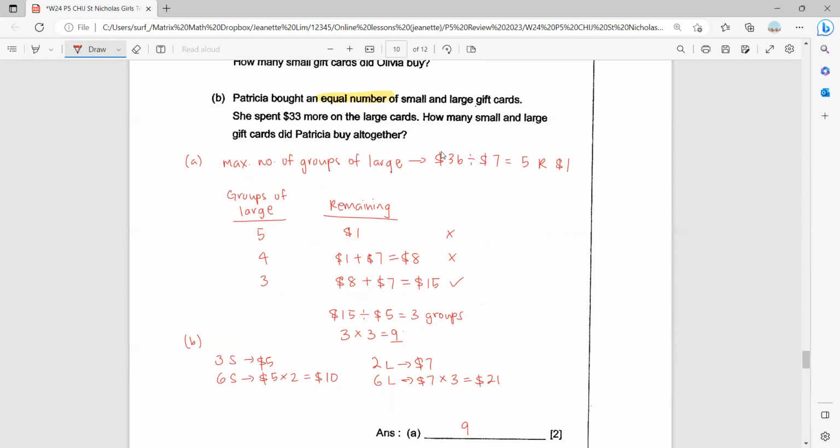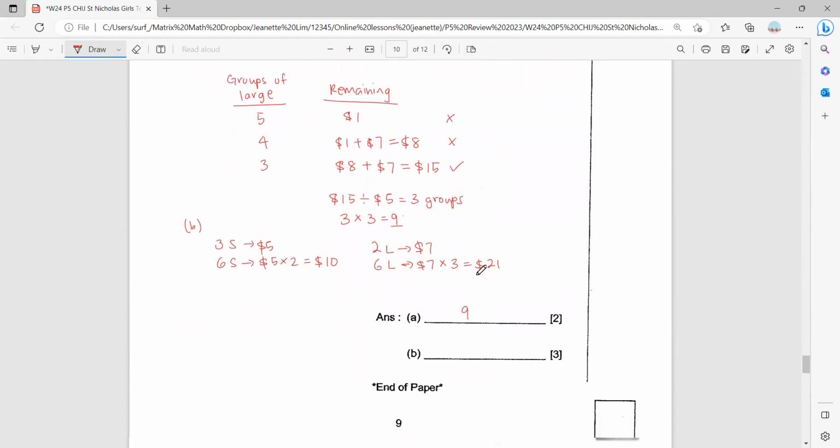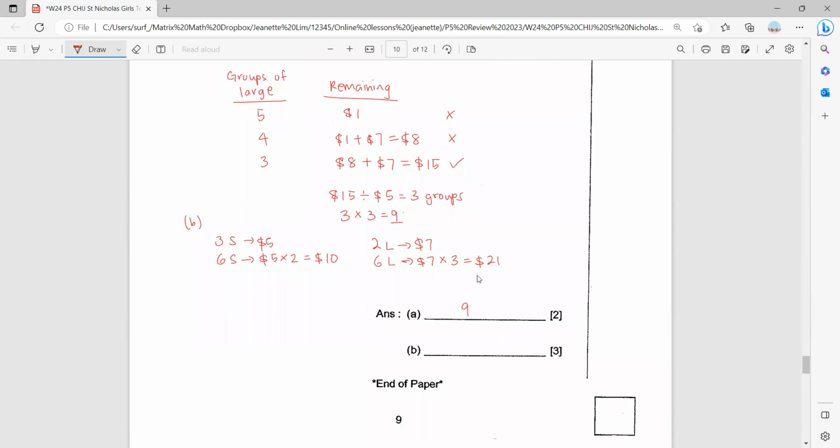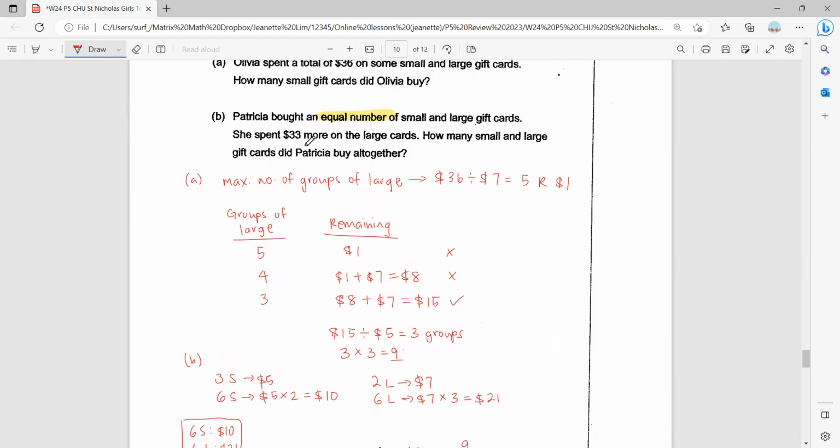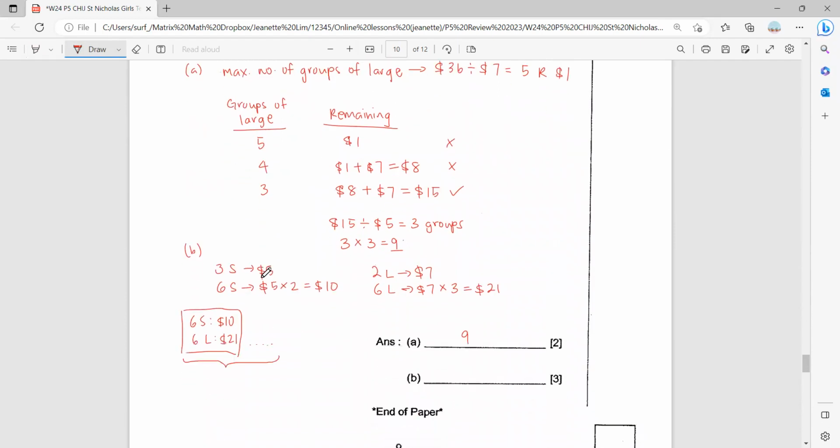So this is what I have in one group: 6 small, $10, and 6 large, $21. This is one group, and I have many groups. I know that there's $33 more on the large. So that's the total difference.